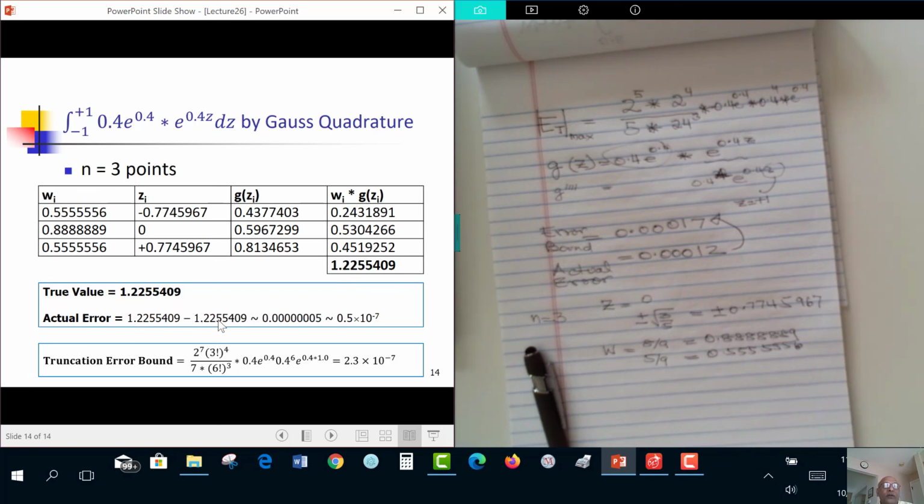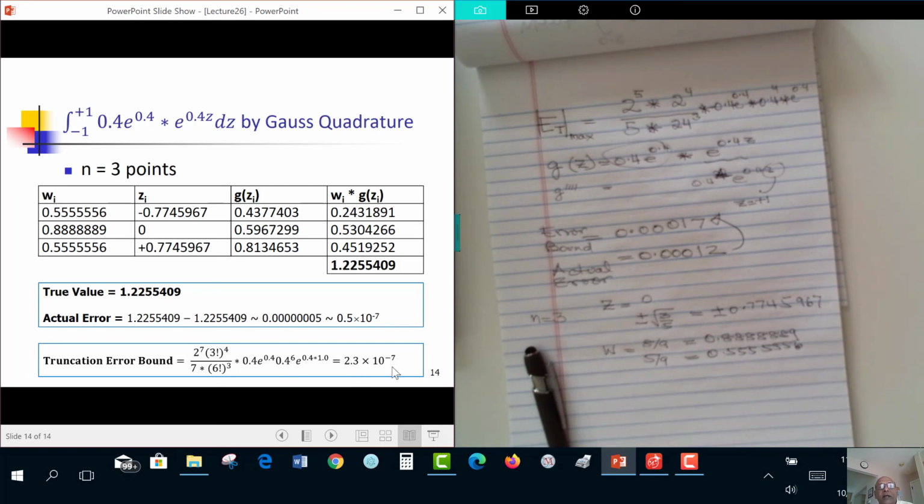So we don't even know what the actual error is, but the actual error cannot be any more than in the last digit, right? So it's 0.5 times 10 to the minus 7. If we use the formula, just like what we just did a few minutes ago for n equal to 2, the only thing that is going to change are these numbers. And of course, this will become 0.4 to the power 6 because we need the sixth order derivative.